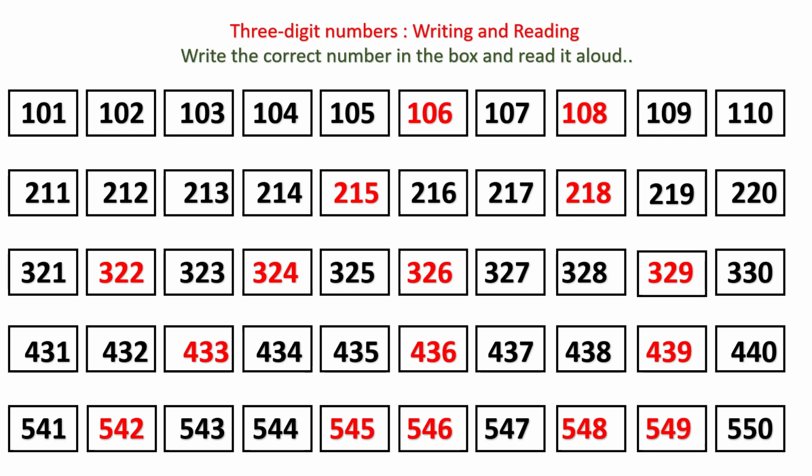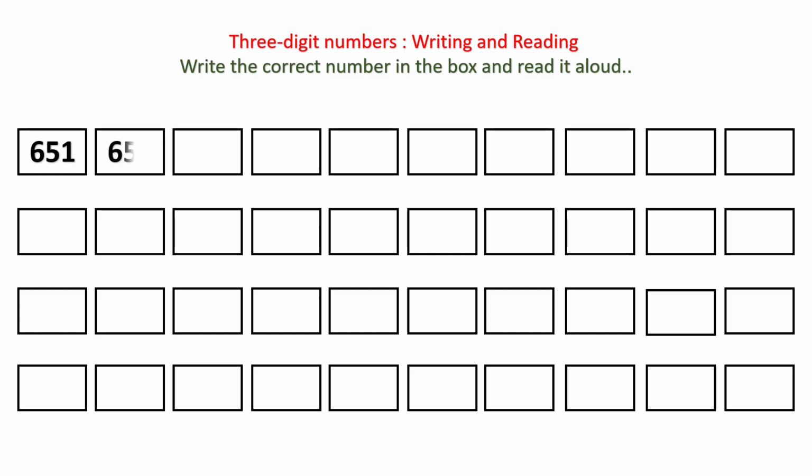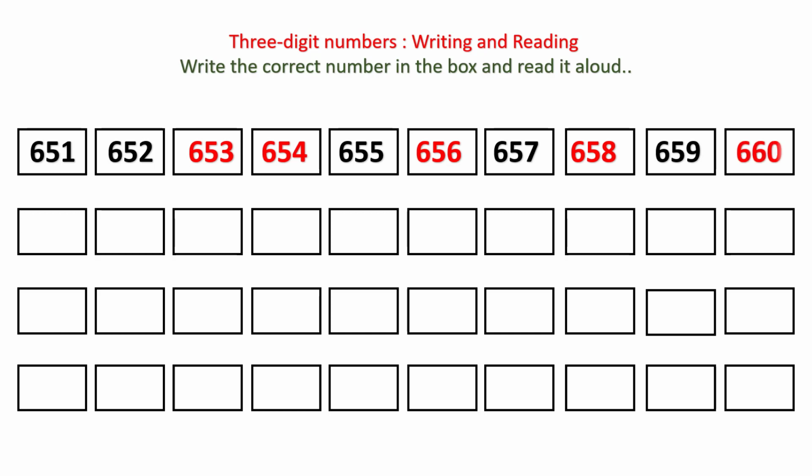After 548 comes 549. 651, 652, 655, 657, 659. After 652 comes 653. After 653 comes 654. After 655 comes 656. After 657 comes 658. After 659 comes 660.